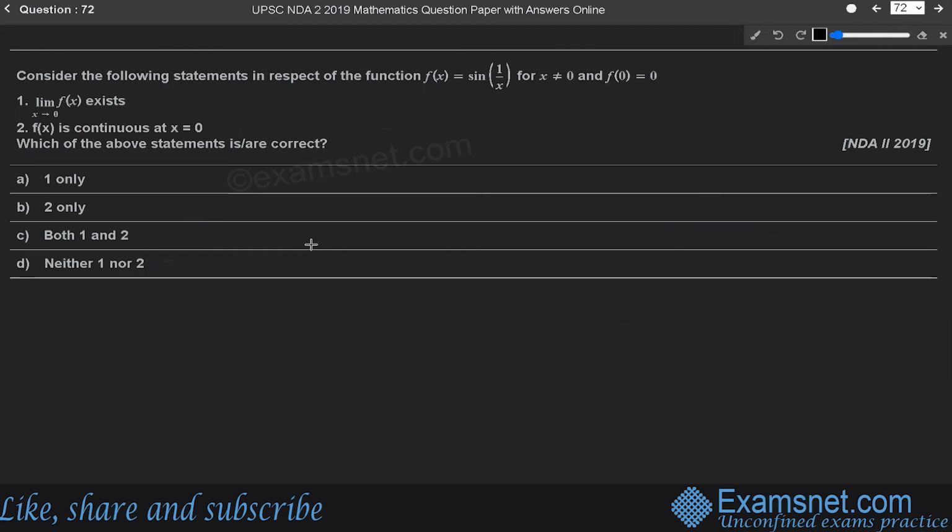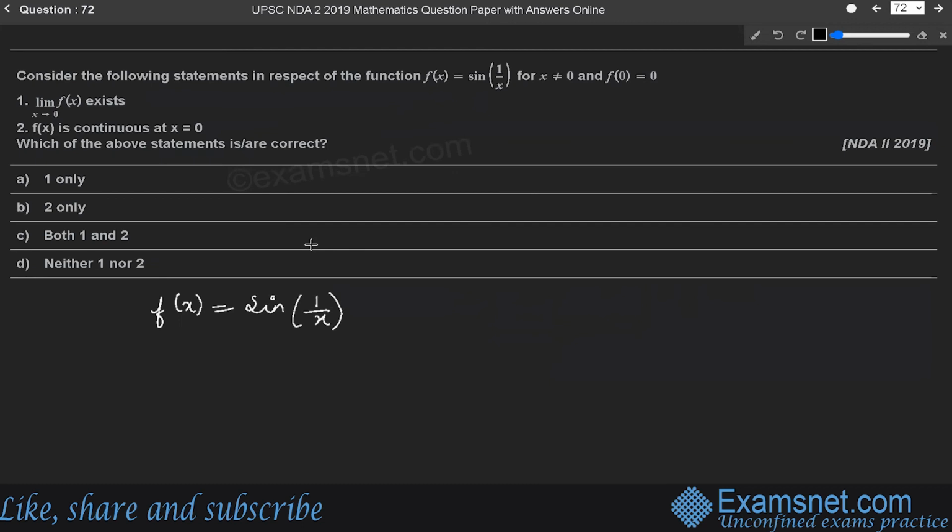Next question is, consider the following statements in respect of the function f of x is equal to sin(1/x) for x not equal to 0 and f of 0 is equal to 0. So the first statement is limit x tends to 0, f of x exists. And the second statement is f of x is continuous at x equal to 0. Which of the above statements is or are correct?